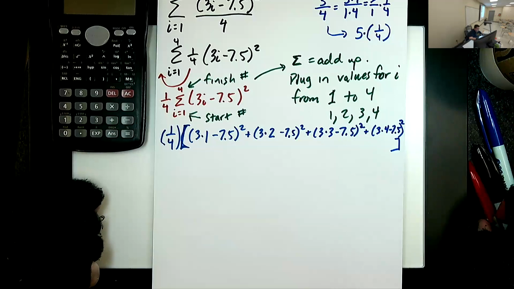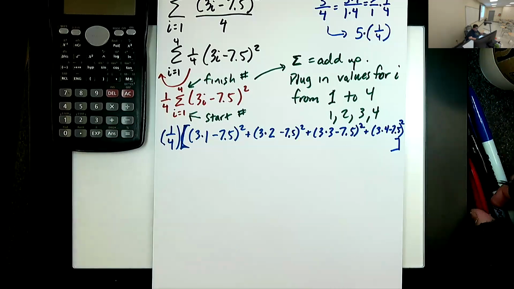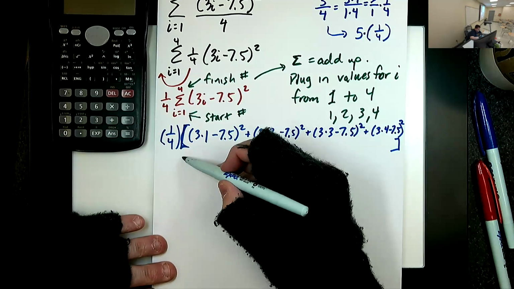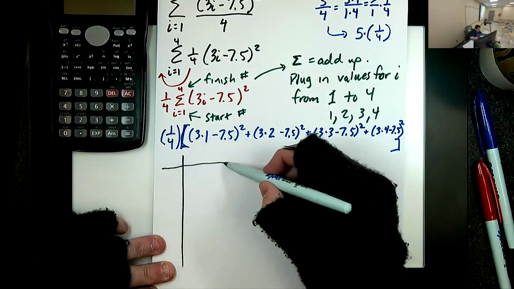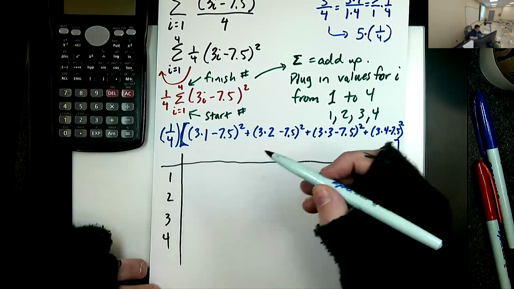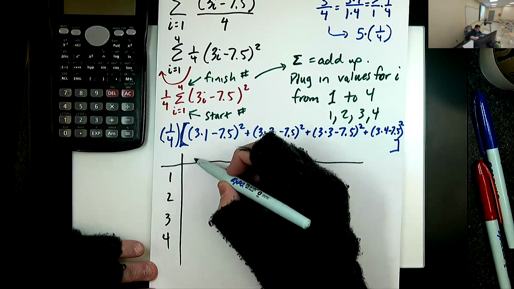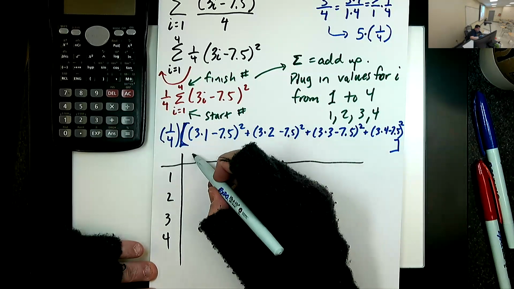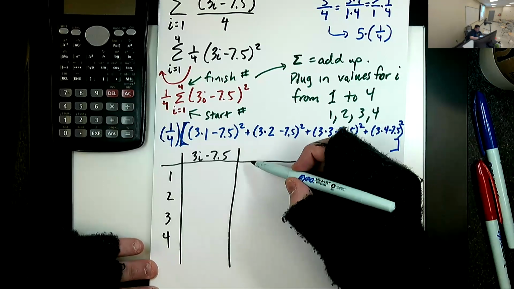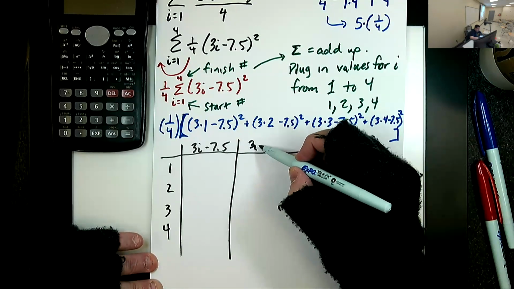I think it's easier to just make a little list. I hope you guys think so too. One, two, three, 4. I'm going to do 3i minus 7.5 in the first column. In the next column, I'm going to square that value.